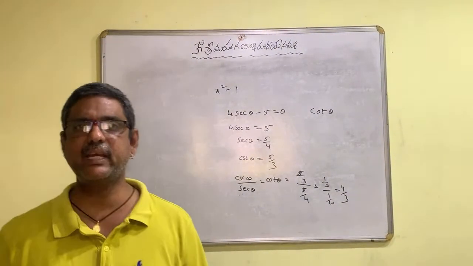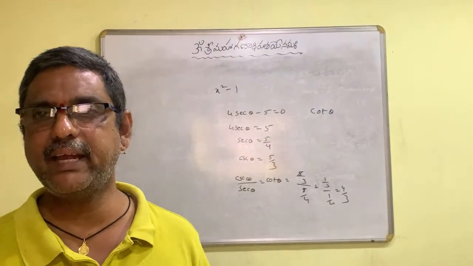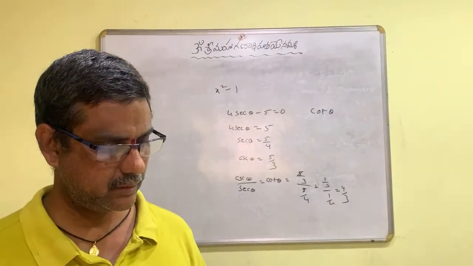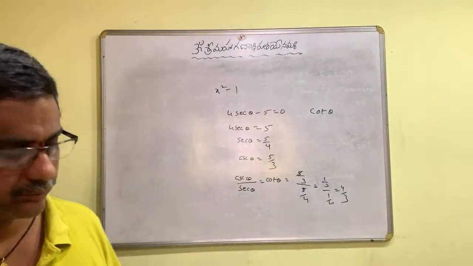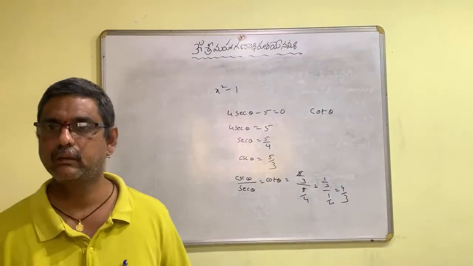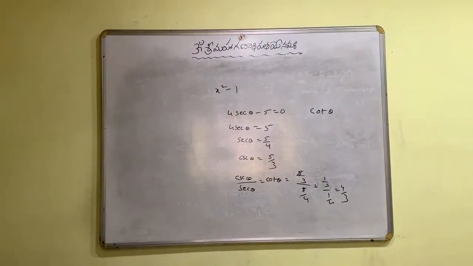A plus 9D, right? So P plus 9Q. Question number 14. Question number 15.